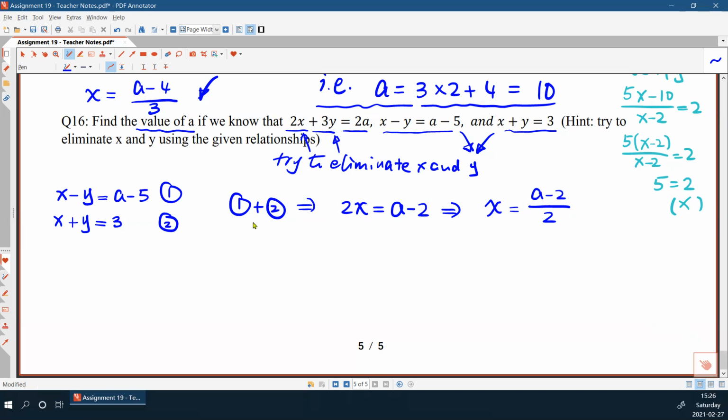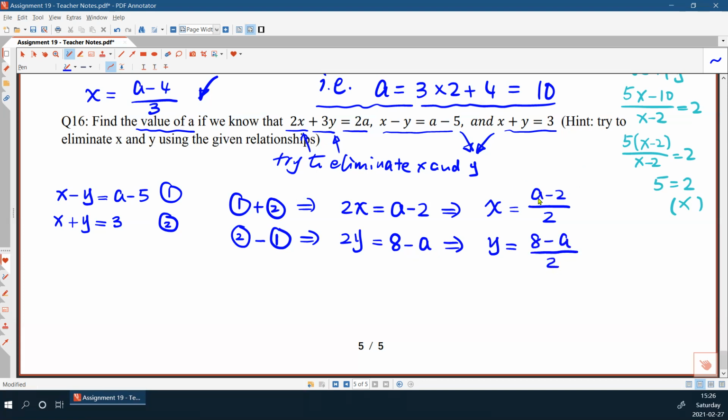Following the same logic, how do you get the relationship between y and a? This time you want to eliminate x, right? You can use number 2 minus number 1. And this will give you 2y equals 8 minus a, which is y equals 8 minus a over 2, correct?